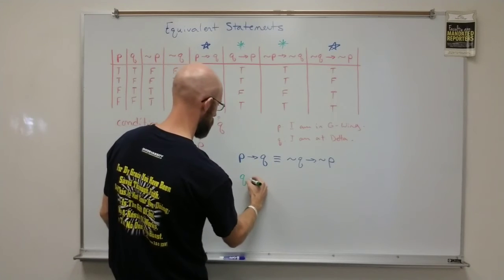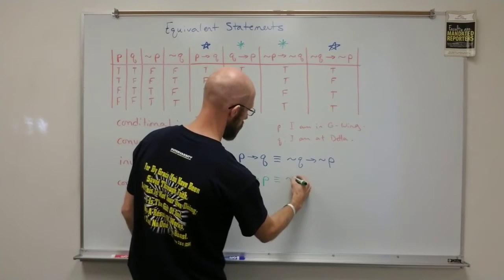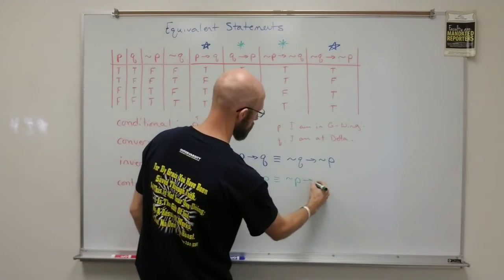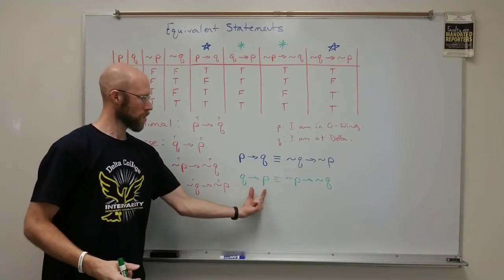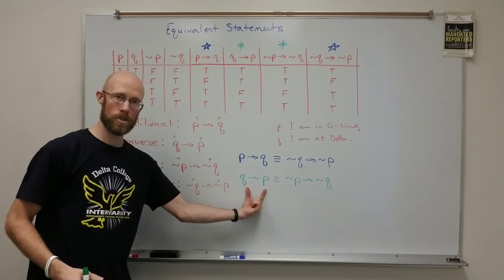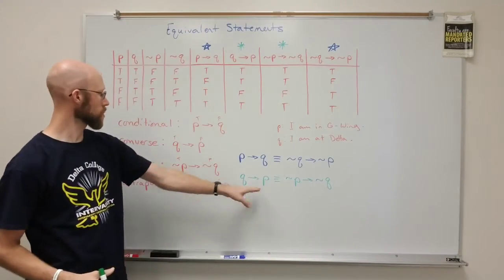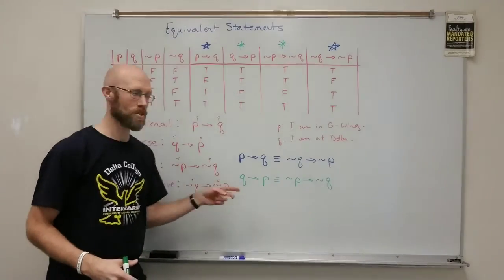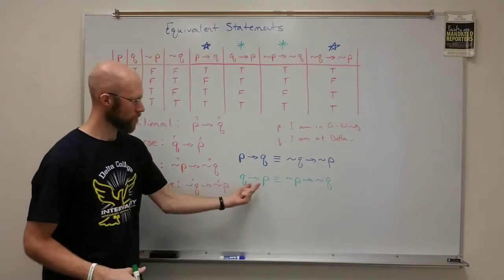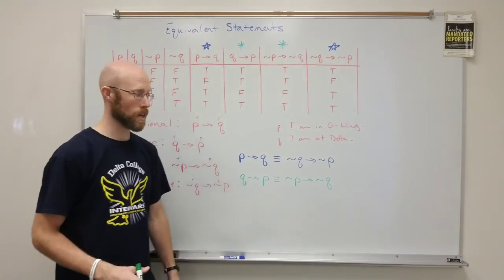We'd say that if Q then P is equivalent to saying if not P then not Q. Again, you have the conditional, or it's not really, it is a conditional, but it's also the converse of the original conditional. So these two are converses of each other. So the converse is equivalent to the inverse, okay?